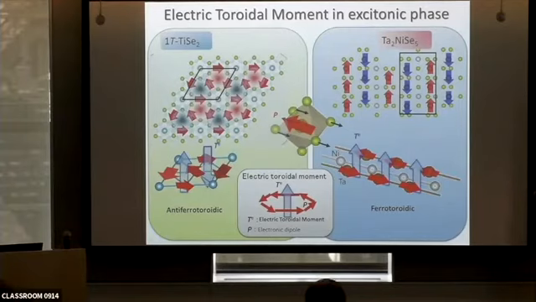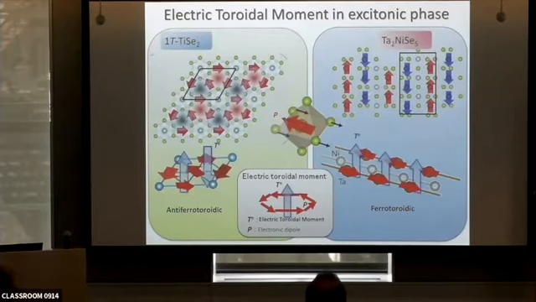The arrangement of dipoles forms a vortex in titanium diselenide. In tantalum nickel selenide 5, it aligns anti-parallel along the nickel selenide 5 chain.